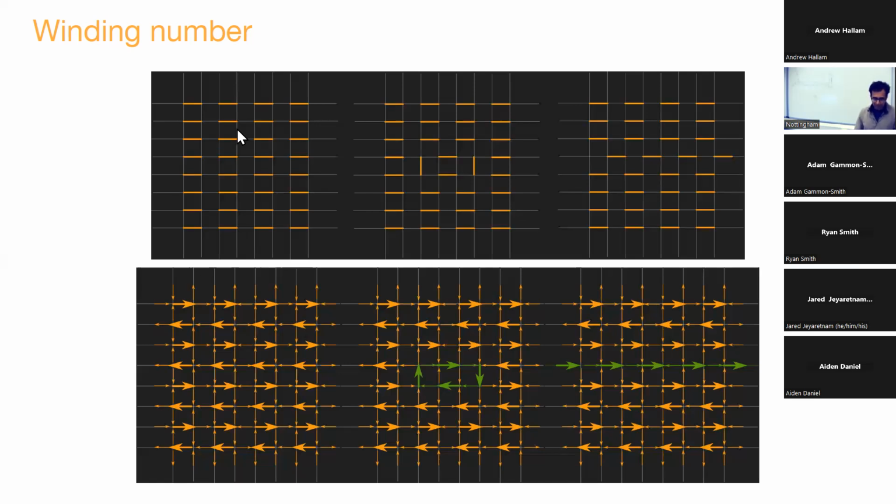For instance, if I calculate that flux here, it turns out to be 0. If I calculate that flux here, it again turns out to be 0. And you see that this dimer configuration is related to this dimer configuration by some local move that I made in this small region. It turns out that if you make any local move inside a dimer configuration, the value of this flux will remain unchanged.